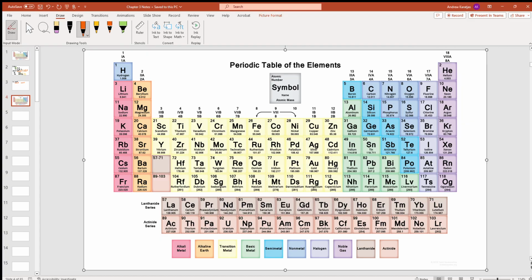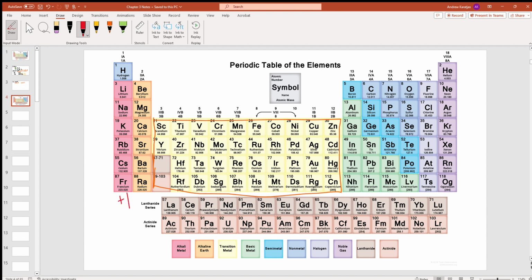So for the moment, we are going to ignore the transition metals. They're definitely a bit more complicated in what we're about to do. But what we find is that in terms of being able to predict charges, our first group, column 1, the alkali metals, generally give us a charge of +1.